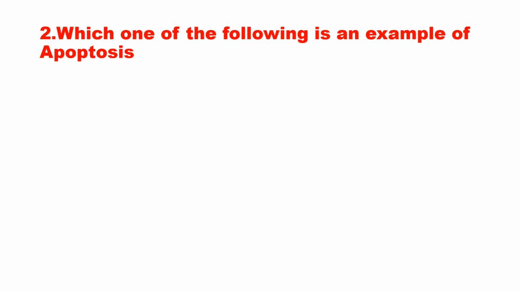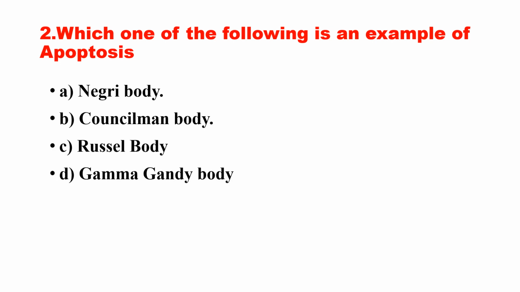Which one of the following is an example of apoptosis? A. Negri body, B. Councilman body, C. Russell body, D. Gamma-Gandy body. Councilman body is the correct answer.